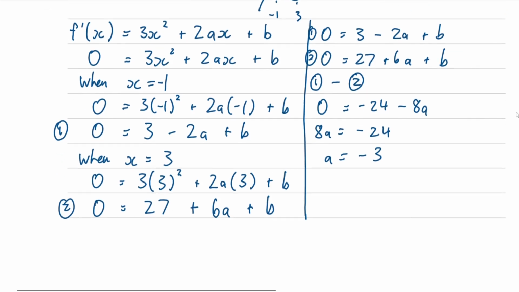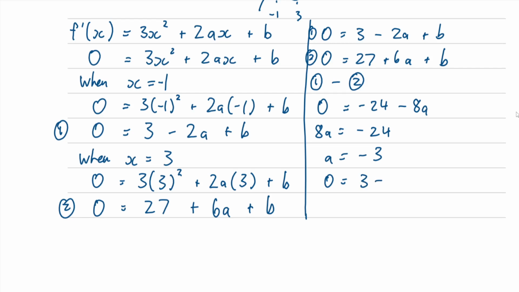So I'll use equation 1. So 0 equals 3 minus 2 times a. This time a is negative 3, plus b. So 0 equals 3 minus 2 times negative 3. So that's plus 6. That's plus 9. We'll subtract 9 from both sides. So b equals negative 9.